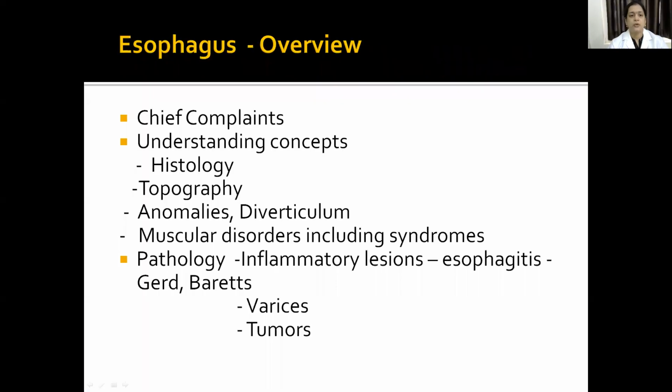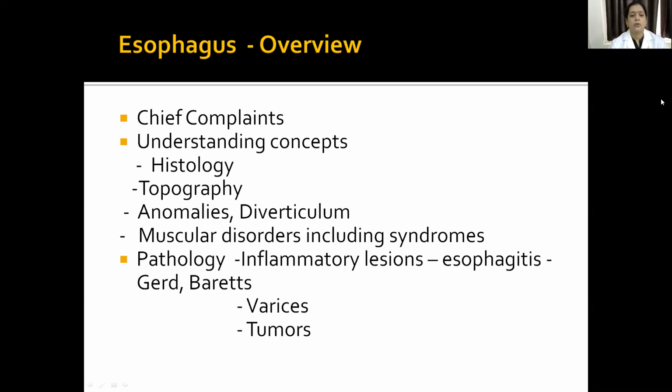I'm going to give you an overview of the esophagus. Firstly, whenever the patient comes with esophageal problems, he'll complain something to you. So I'm going to tell you what the complaints of patients with esophageal disease are. Then you have to understand certain concepts of the topography and the anomalies which will cause the esophageal pathologies.